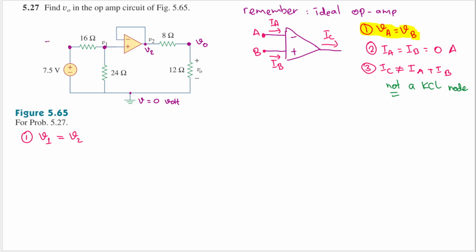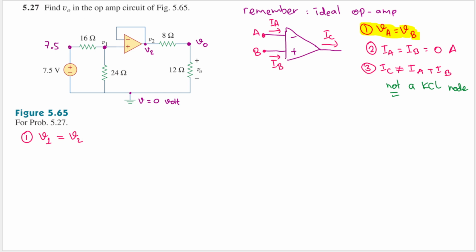What can we do from here? We can do KCL at V1 and V0, right? We cannot do it at V2 because we don't know the current that goes from the op-amp into V2. So the KCL will be at V1 and V0.